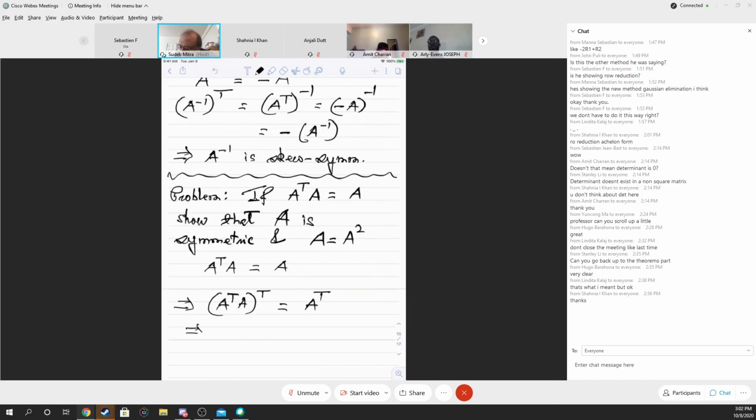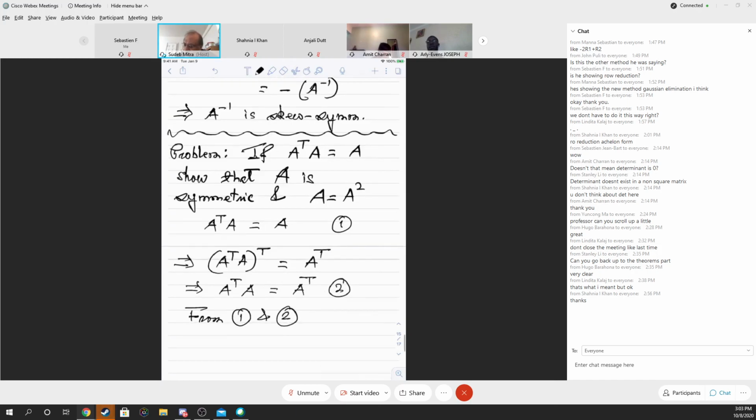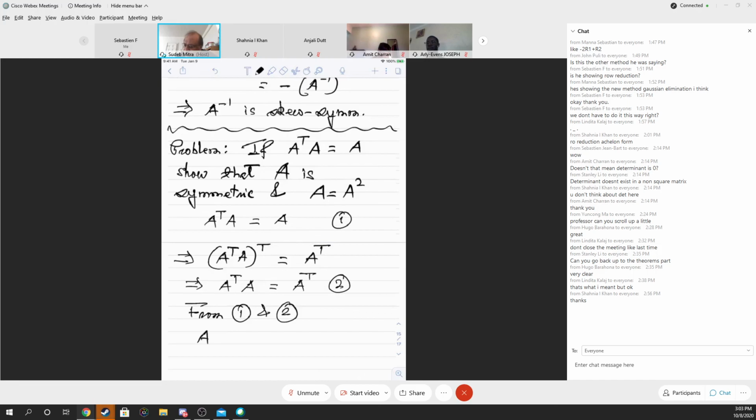That implies A transpose transpose A is A transpose. This is 1, this is 2. From 1 and 2, we get A equal to A transpose. Hence, A is symmetric.